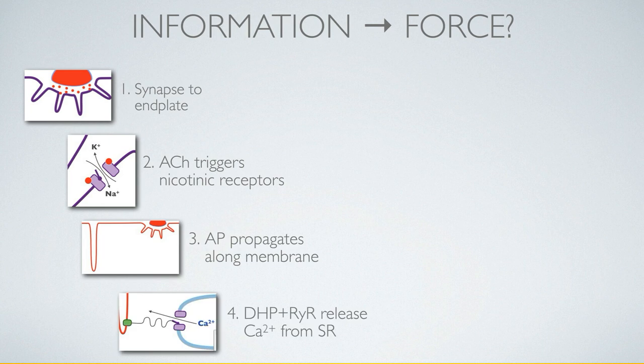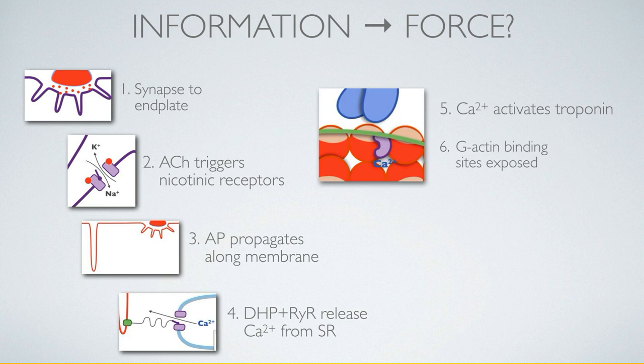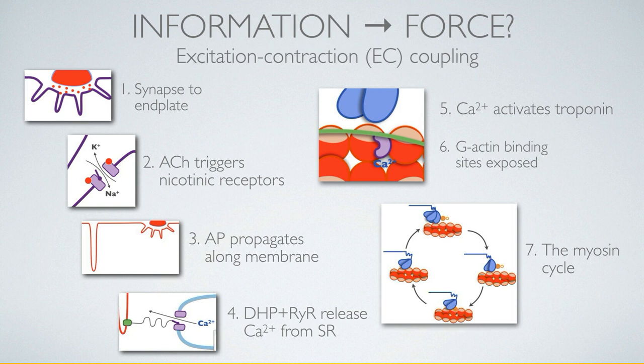That in turn activates the DHP and ryanodine or RYR receptors, which release calcium from the SR into the interior of the cell. That calcium in turn activates troponin, which moves tropomyosin out of the way. That exposes the G-actin binding sites, which allows for the myosin cycle to occur.